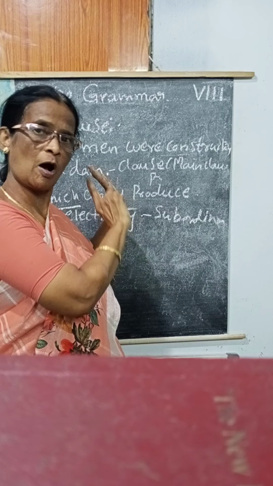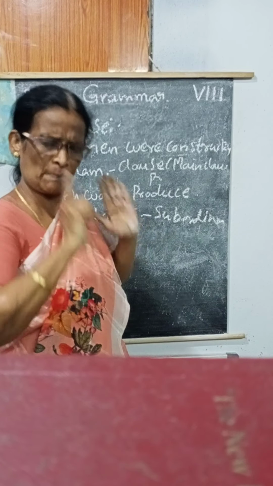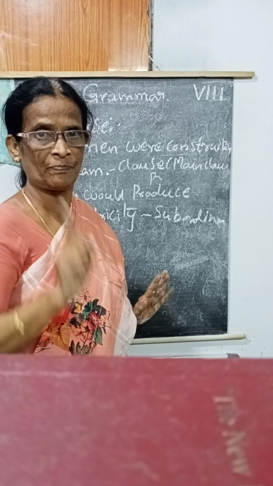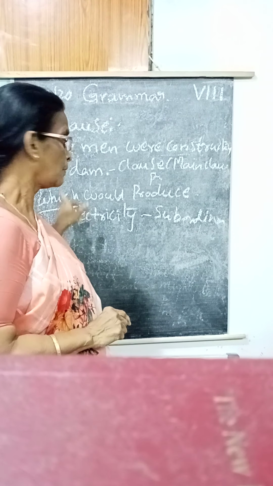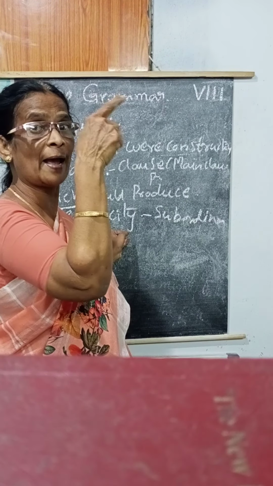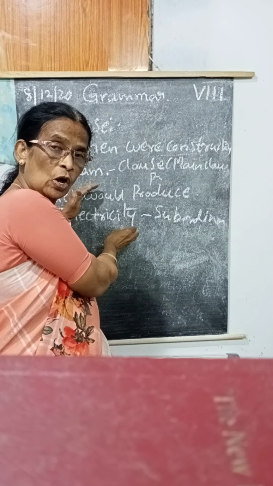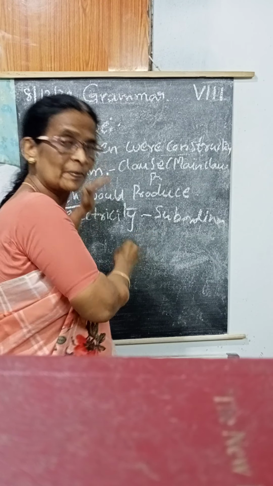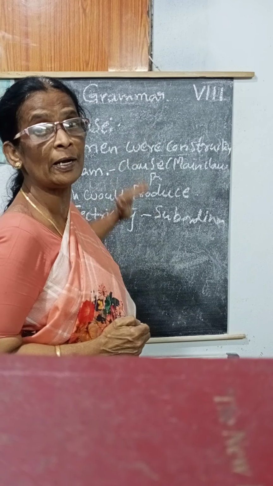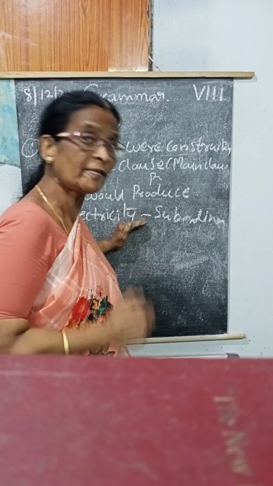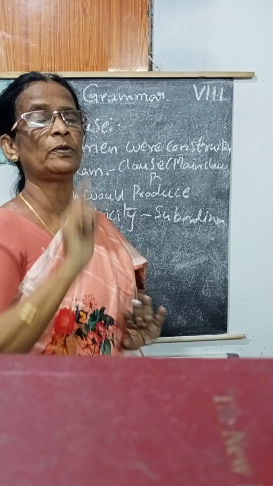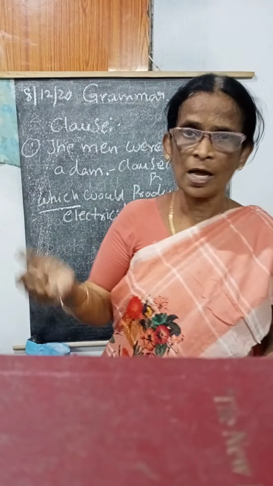That is the main clause or principal clause. It does not depend upon anyone. It gives the full meaning. Then, which would produce electricity, which means dam. The subordinate clause always depends upon the main clause. Then only it gives the full meaning. It itself won't give the meaning. When it depends upon the main clause, it gives the full meaning.